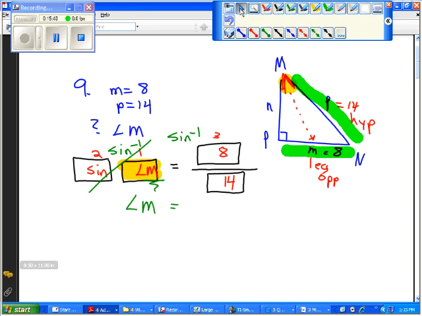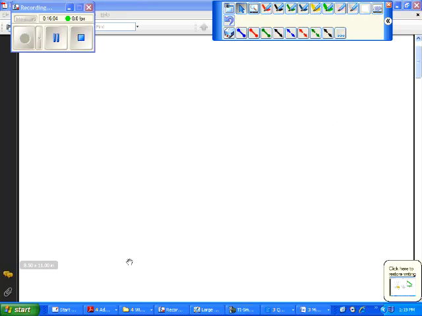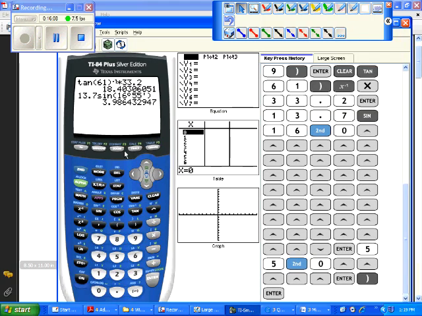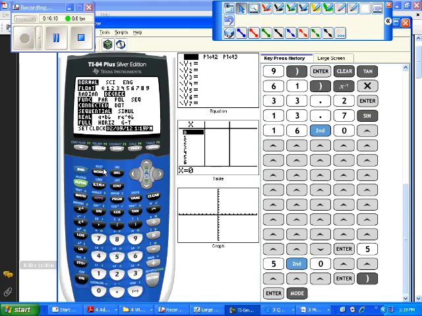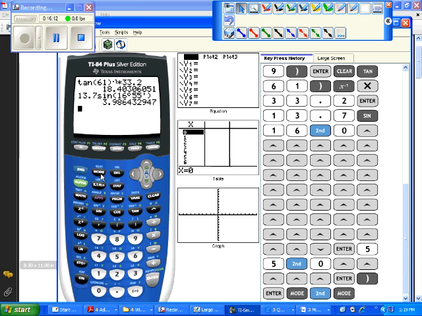So in the calculator, we would punch second sine, 8 divide 14. You have to have it on degrees first. Is everybody ready to go to the calculator? We're going to make sure it's in degrees. So we'll go to mode. We're in degrees, that's good.